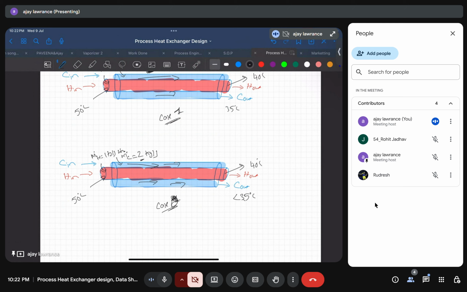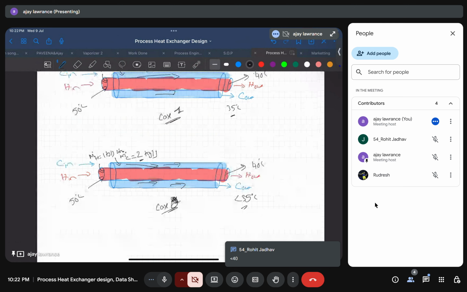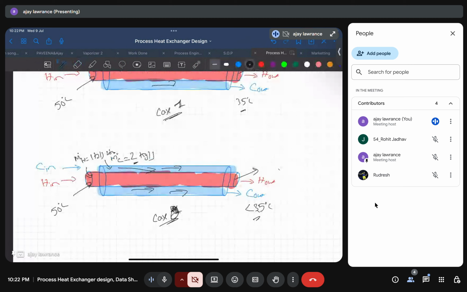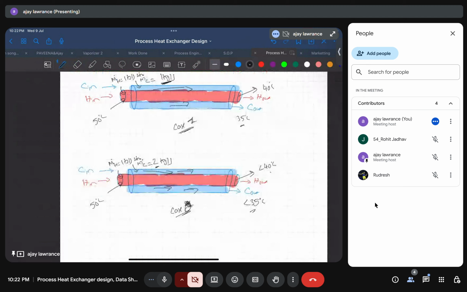And what about the hot fluid? Cold fluid will be 35 here, and here it is less than 30. What about the hot fluid? Is it less than 40 or greater than 40? Think.